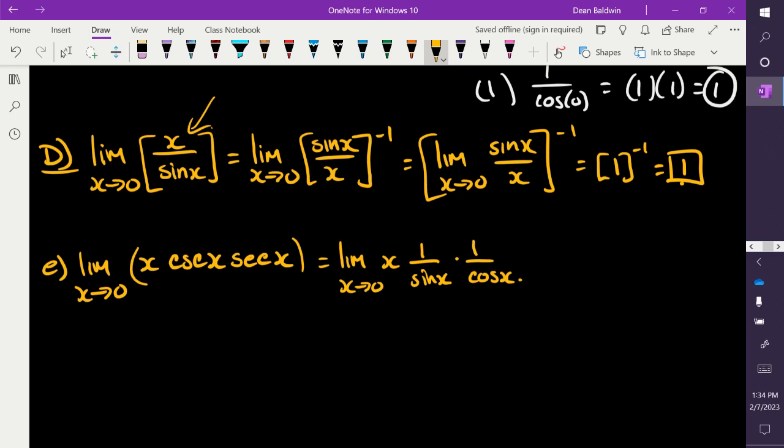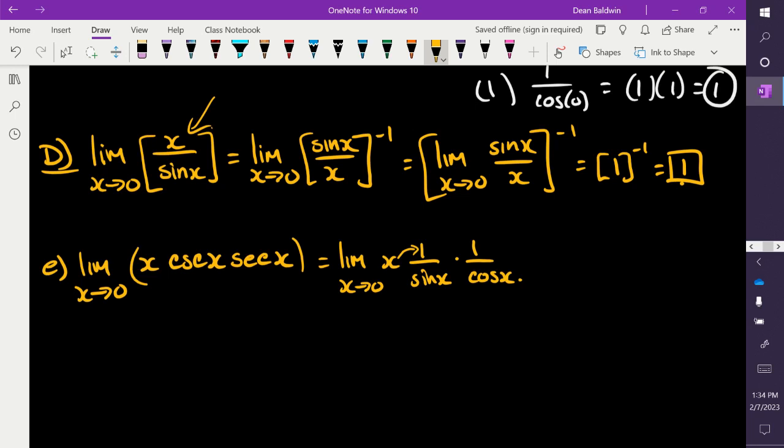Okay, what do we want to do? To where? You can't pull functions out, you can only pull constants, like numbers. I would rewrite the x right there, right?